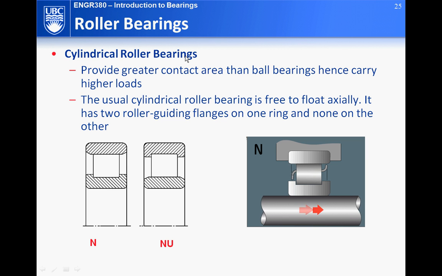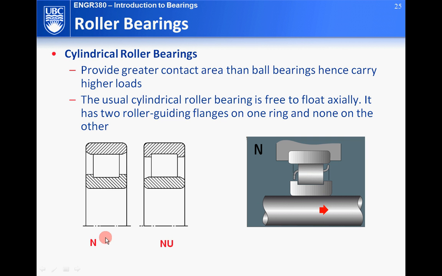Cylindrical roller bearing. This is not a ball anymore; it's a roller. When you look at the roller bearing in the catalog, in general they start with a letter instead of a number. When it's a ball bearing, they usually start with, let's say, 6 something, 5 something, or 3 something.